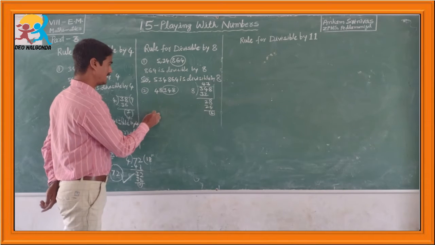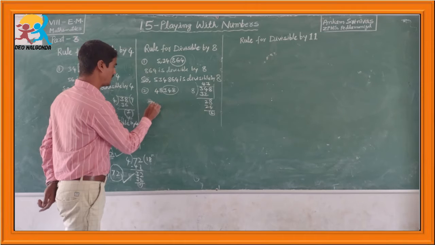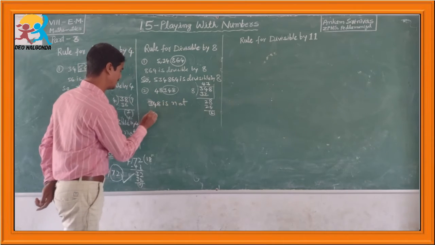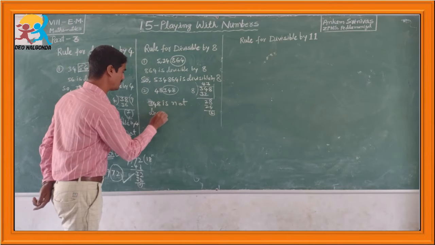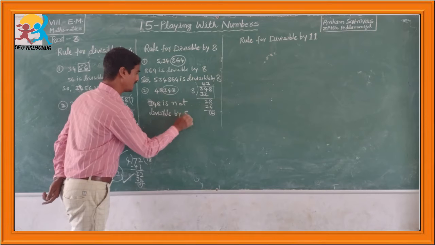What do you understand here? 348 is not divisible by 8.